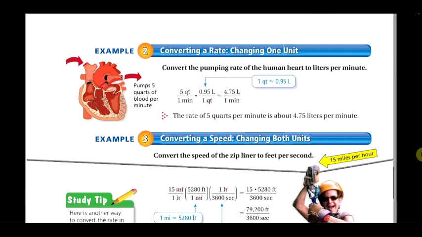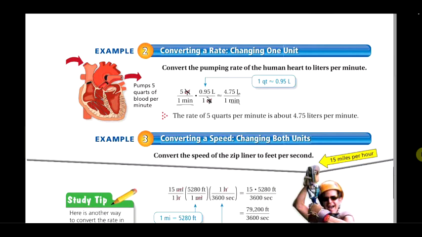So if you write out 5 quarts per 1 minute, as you see here, times our conversion factor. We want to get rid of quarts, so we write a conversion with quarts on the bottom. See how 0.95 liters is the exact same as 1 quart, so that's essentially multiplying by 1. Once you cancel out your units, you're left with liters per minute.